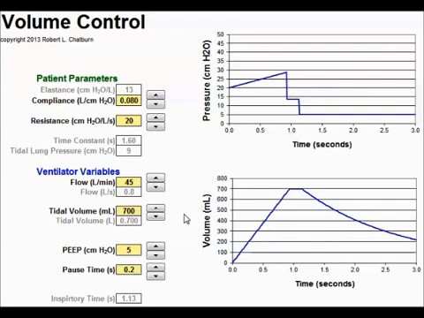And then based on my pause time, it creates a plateau, and my plateau is actually only about 14 centimeters of water. So you notice this big gap, the difference between my peak and plateau pressure. So we know most of the pressure is related to resistance instead of a compliance issue.